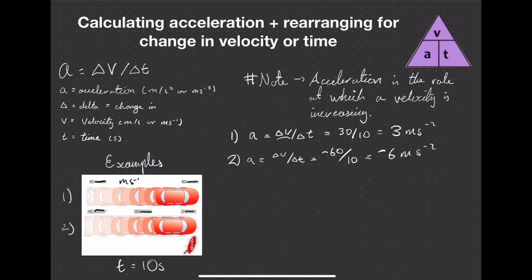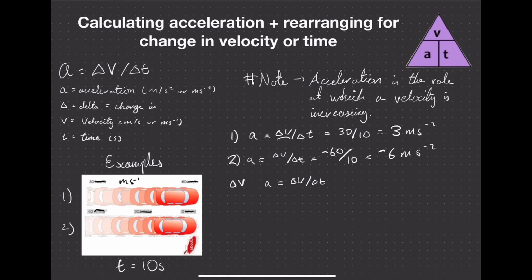Okay, let's look again at quickly rearranging our equations or formula to find change in velocity and change in time specifically. So if we're looking for change in velocity, we're going to write out our equation A equals delta V over delta T. Remembering that when we're dealing with an equation, if we do something to one side, we have to do it to both.